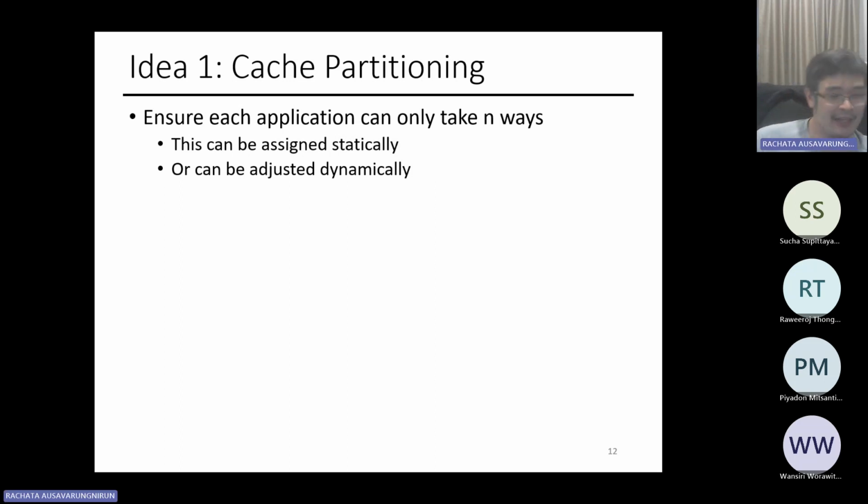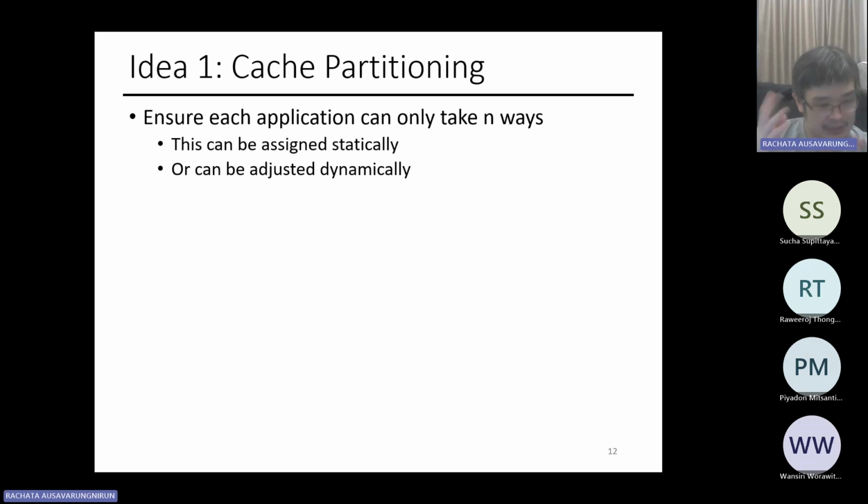The other application is given 2 more blocks, I give it 2 ways. Then I have the remaining 10 ways for everyone to use, right? So I can ensure each application can only take a certain number of ways in the set. This allows you to slice up the cache and almost partition the cache for each application according to your assignment strategy, right?